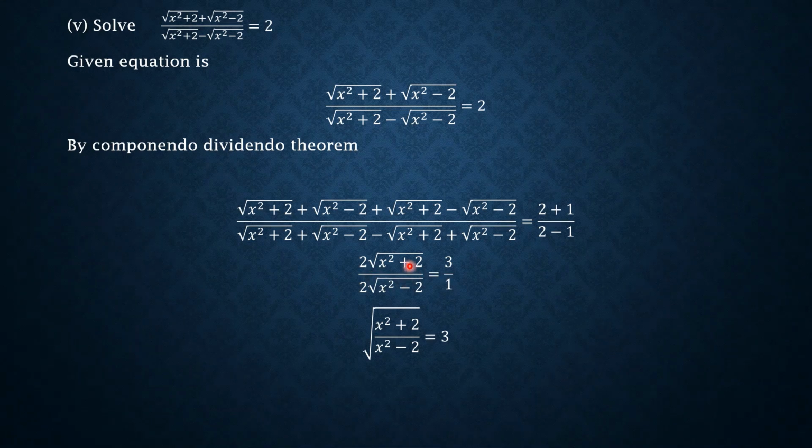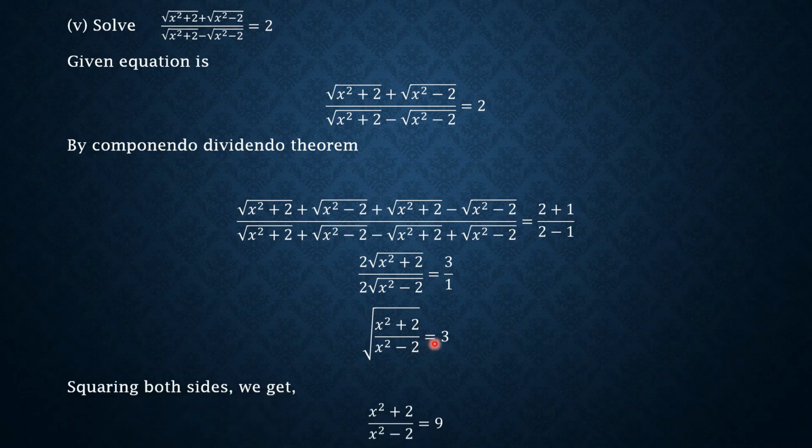We have square root of x square plus 2 divided by square root of x square minus 2. As numerator and denominator all is in square root, so we can write as a whole square root. So square root of x square plus 2 over x square minus 2 equal to 3.